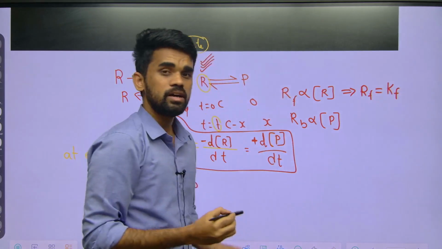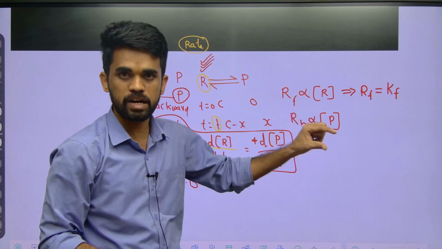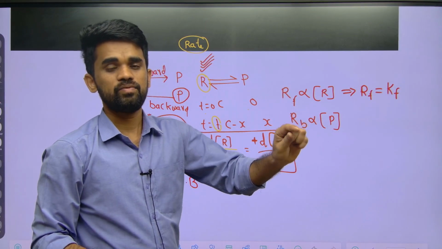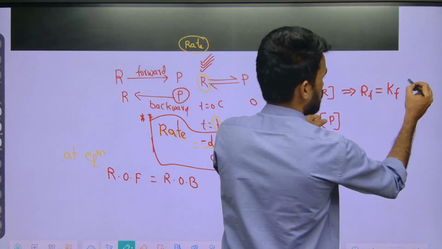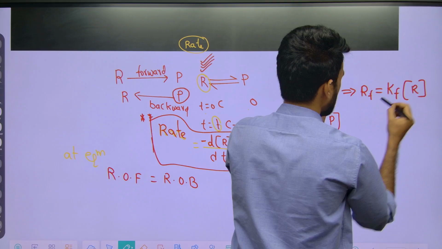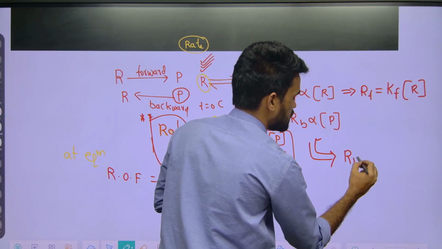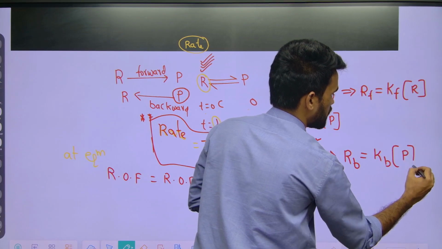Kf means rate constant for the forward reaction, అంటే proportionality తీసేసి ఒక కాన్స్టాంట్ పెడుతున్నాం కదా, ఆ కాన్స్టాంట్ని రేట్ కాన్స్టాంట్ అందాం, rate constant for forward reaction, ఓకే, times concentration of R. ఇలాని ఇది బ్యాక్వర్డ్ రియాక్షన్ కదా, Rb is equal to kb times concentration of P we can say.